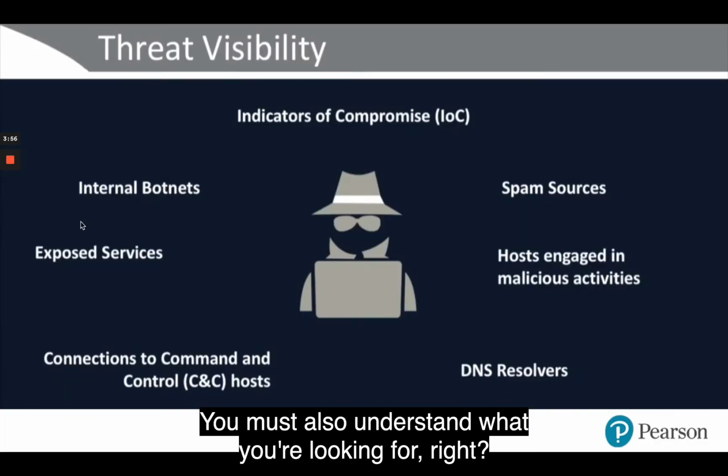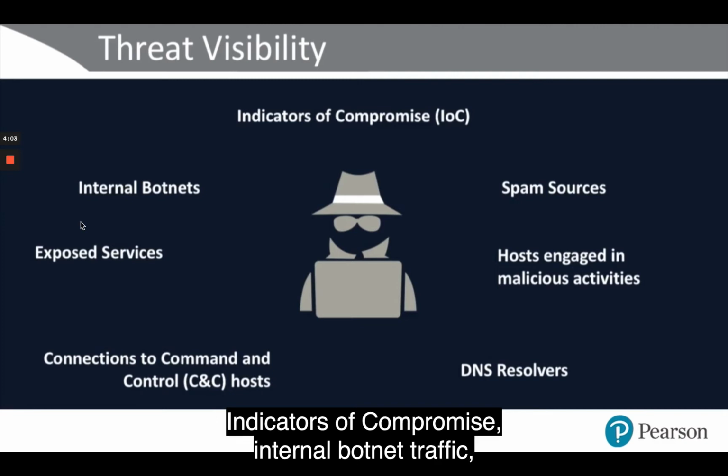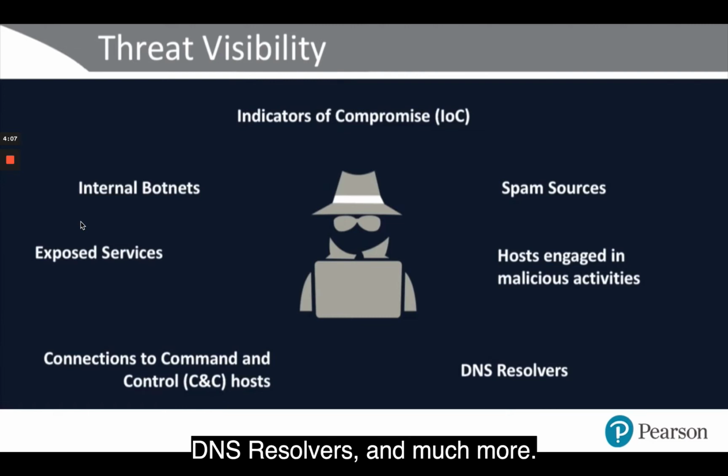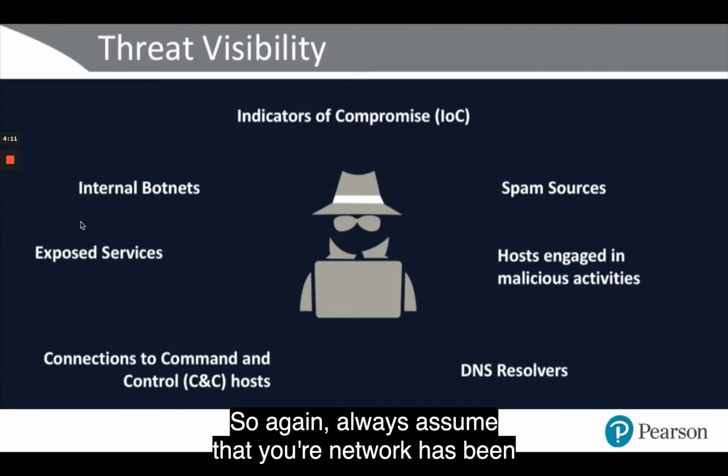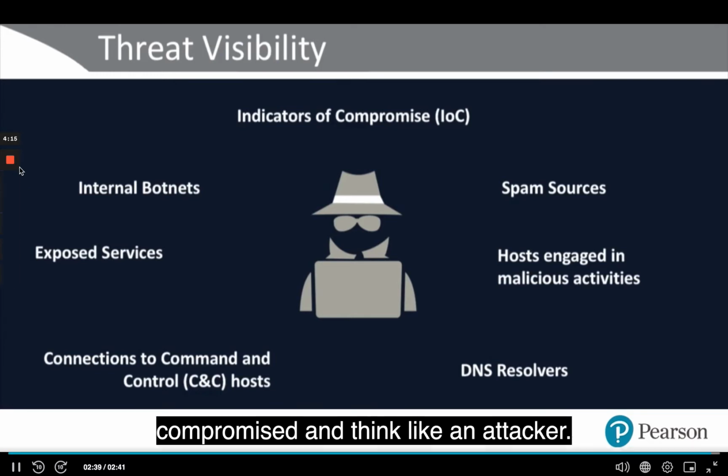You must also understand what you're looking for, right? Things like connections to command and control servers, indicators of compromise, internal botnet traffic, DNS resolvers, and much more. So again, always assume that your network has been compromised and think like an attacker.